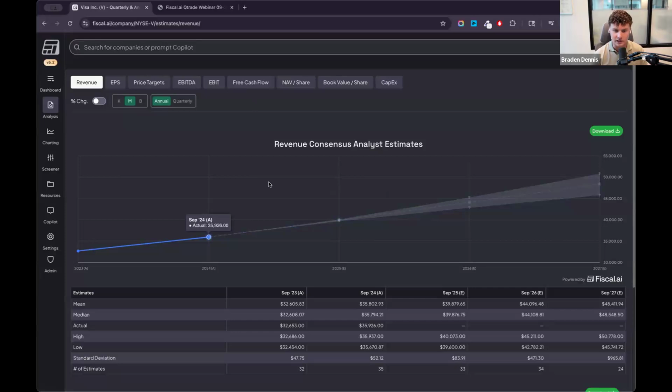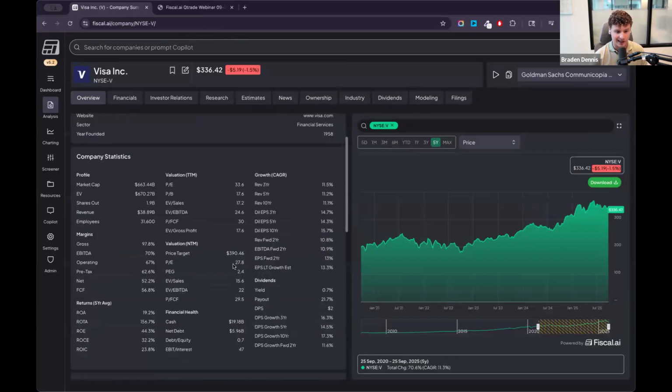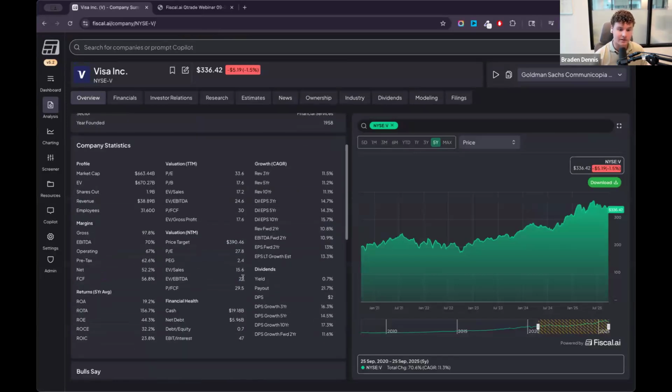Those are all reasonable metrics. And so I look at the company trading at 22 times forward EV to EBITDA as expensive for something growing at this rate, but reasonable. It's kind of in that strike zone. So if you're new to valuing companies, there's lots of ways to value companies.